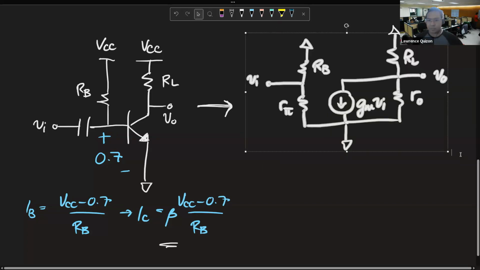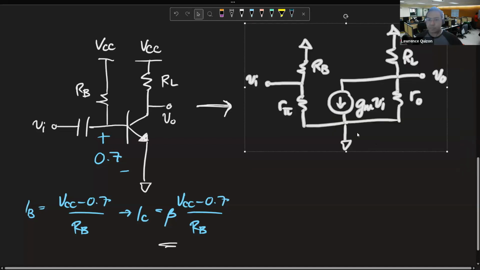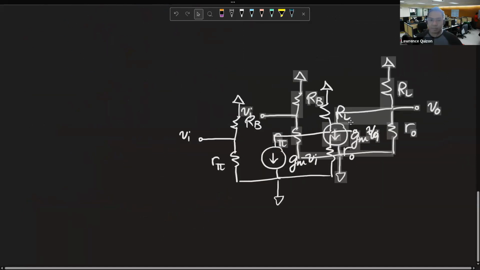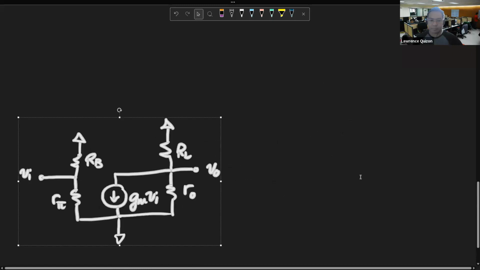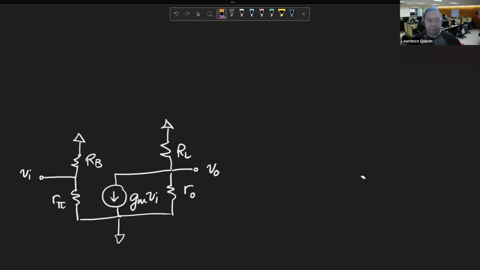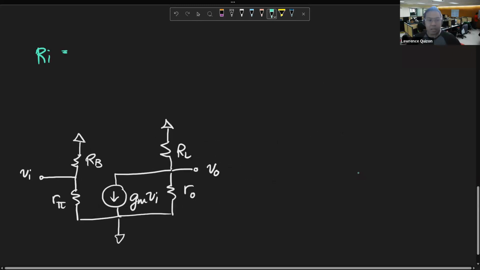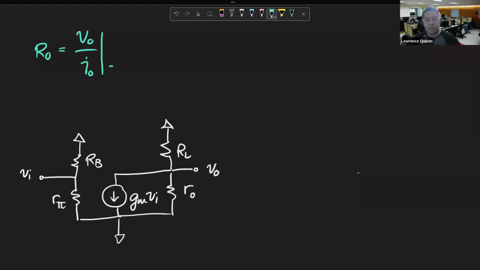Let's start with R in. Actually, let's start with R out. Mas clean kapag R out yung simula. R out is V out over I out, given that V in is 0. Very quickly, we can do this.